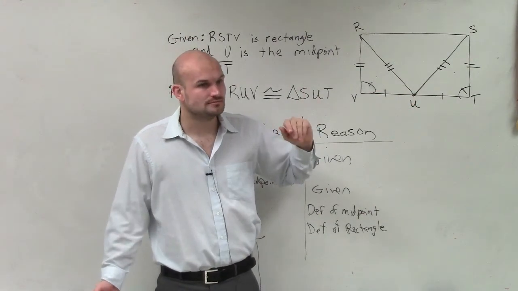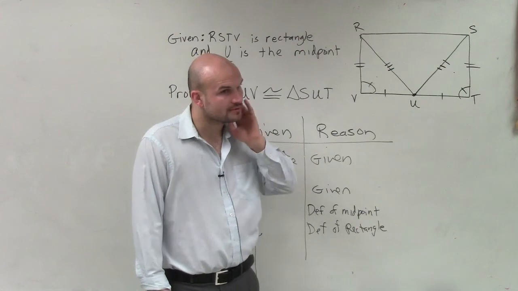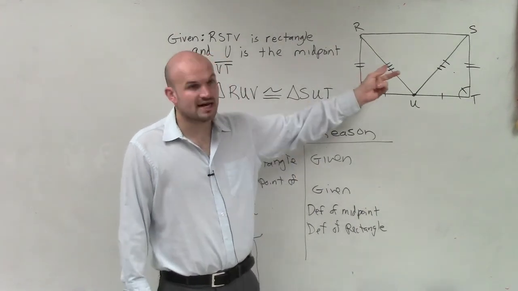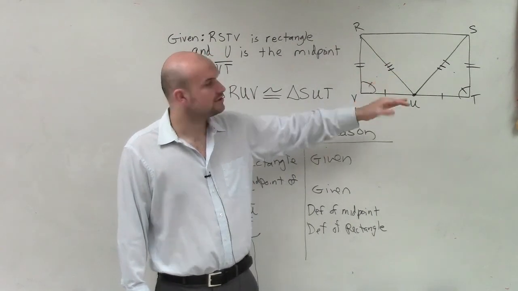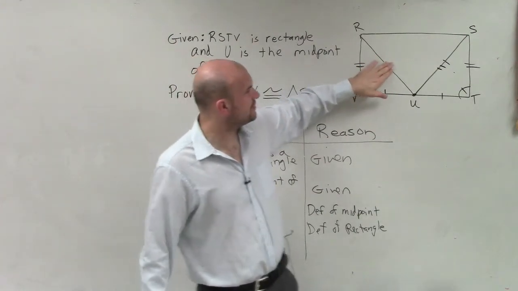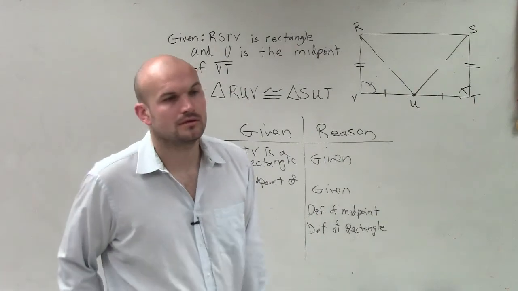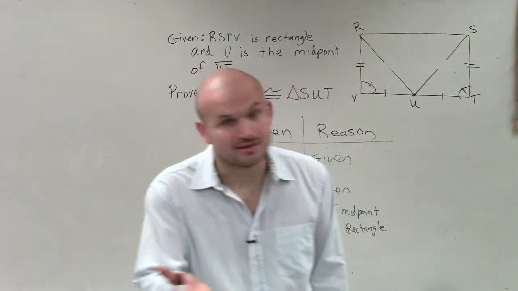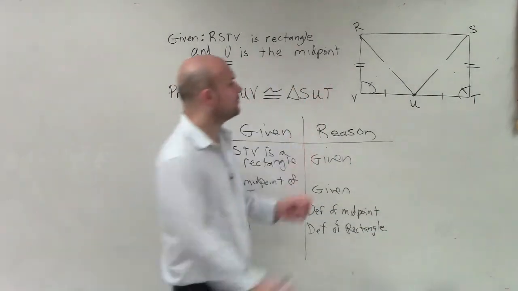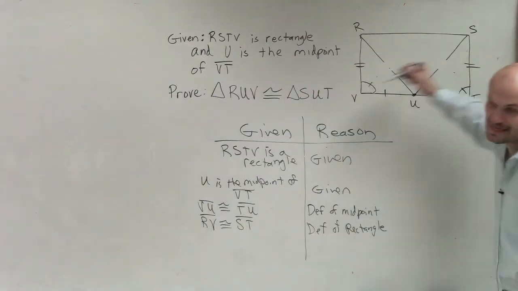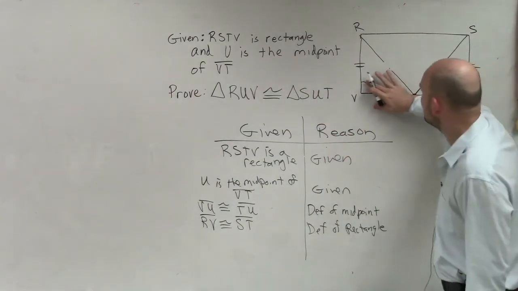Yes? Did you say equal because it's the definition of a rectangle? What, these two sides? I mean the angles. So what definition of a rectangle would tell you that those angles are equal? Every angle of a rectangle is equivalent to 90 degrees. Exactly. All the angles, yeah. So we know, actually, that these angles are equal to each other. How do we know they're equal to each other?